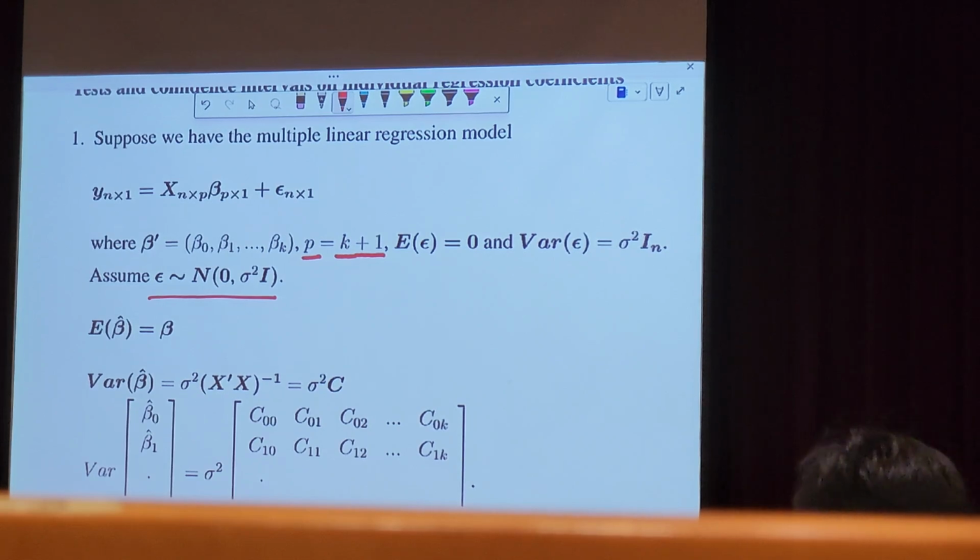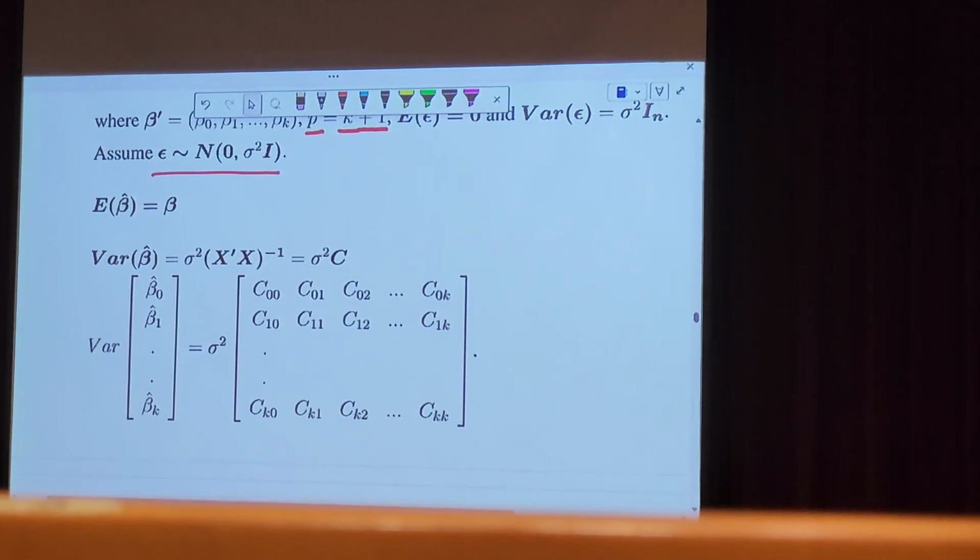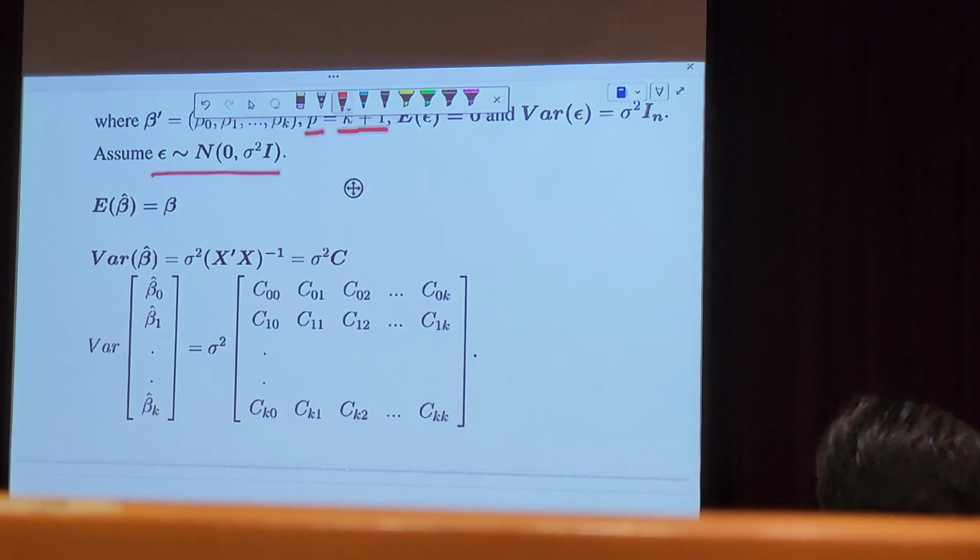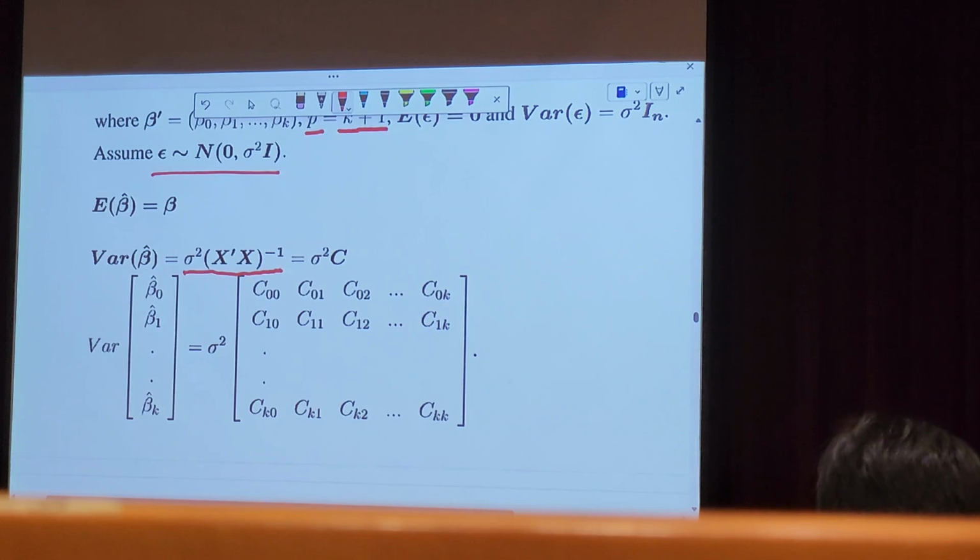Now earlier, I have already shown you that the expected value of beta hat is beta. So the estimates of the regression coefficients are unbiased, and the variance is sigma square times this matrix, x prime x inverse. I am going to call this matrix C. C is the inverse of the x prime x matrix.